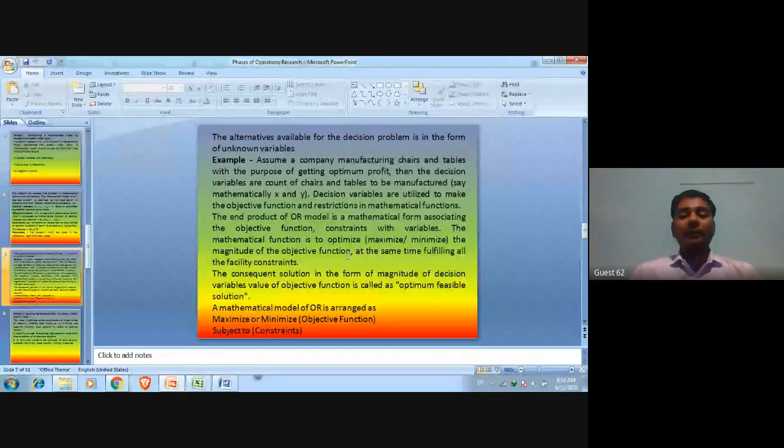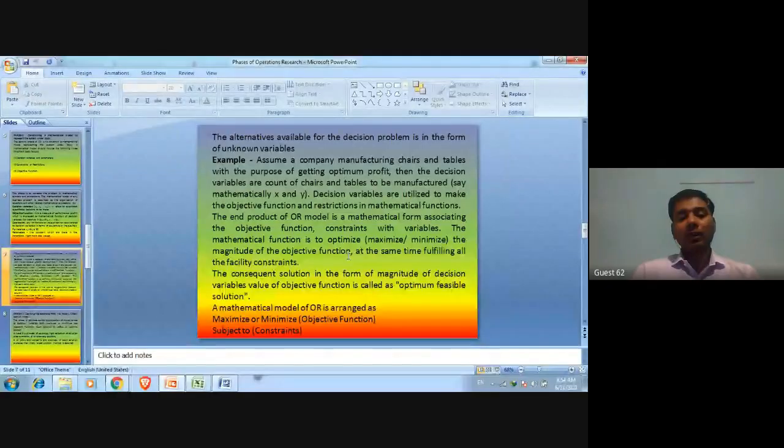Means after applying the mathematical construction phase, you will get the solution. This is a feasible and optimal solution.